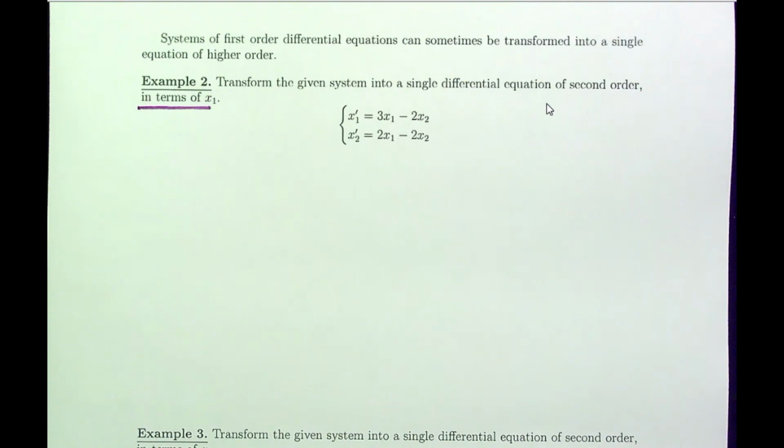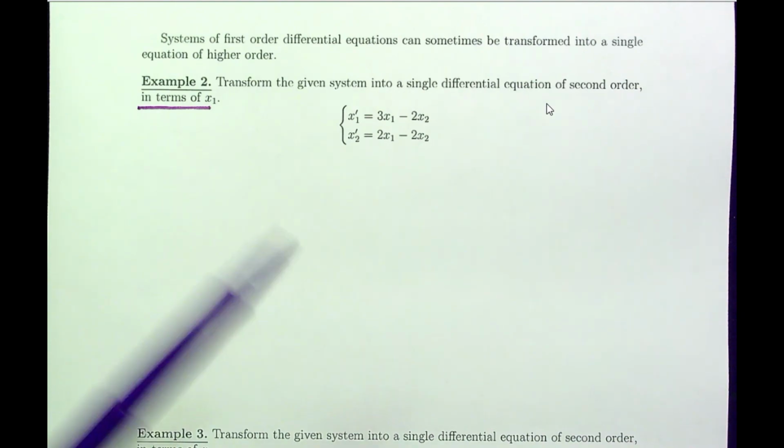Alright, since we want to eliminate x2, what we're going to do is solve for x2 from one of the equations and plug it into the other equation. And that's it. That's going to get rid of x2. But we have to solve for x2 from the equation that truly allows it.